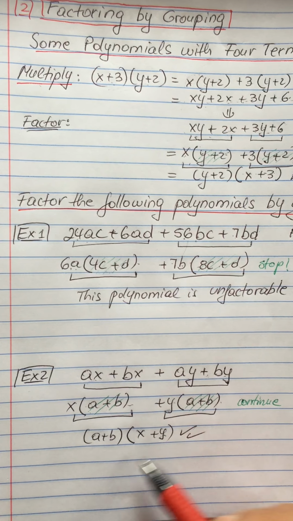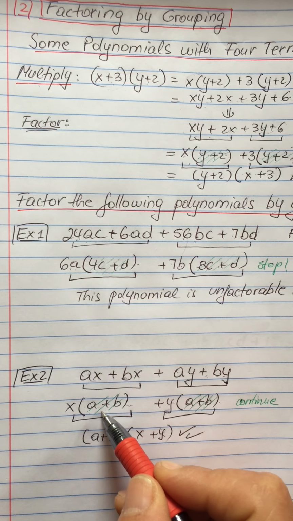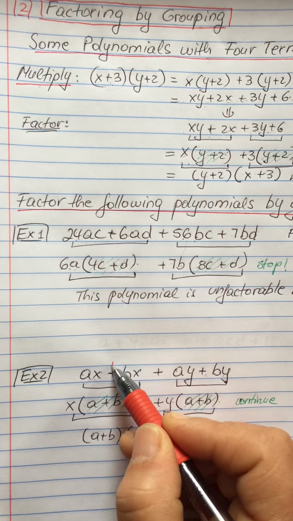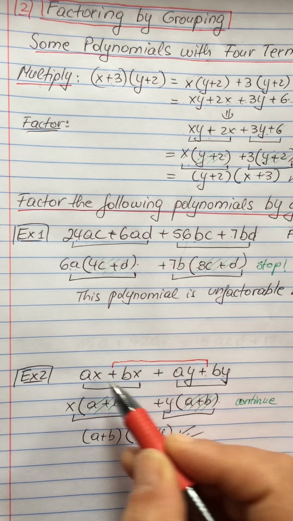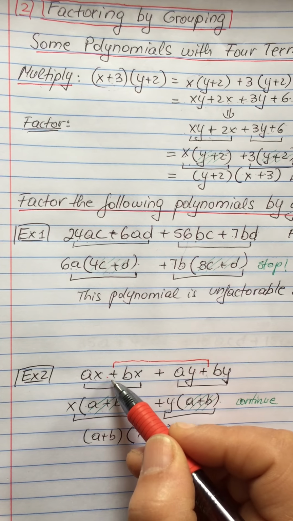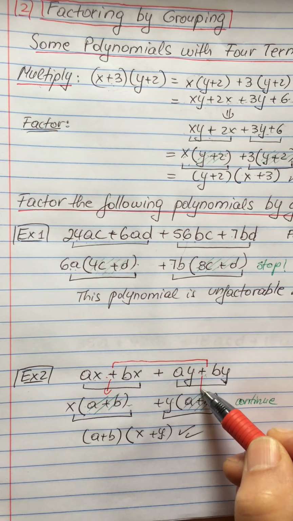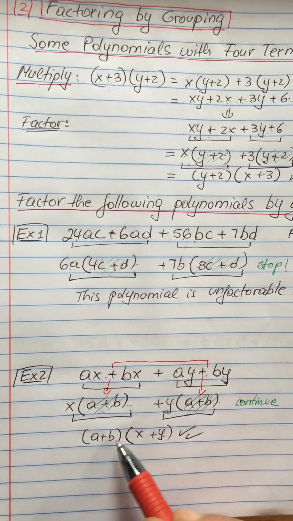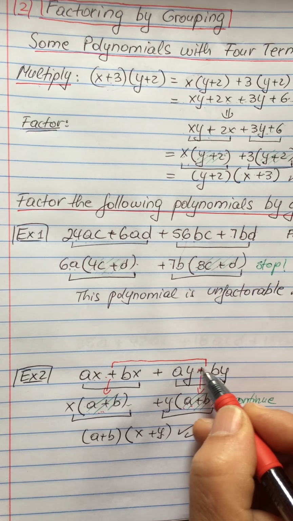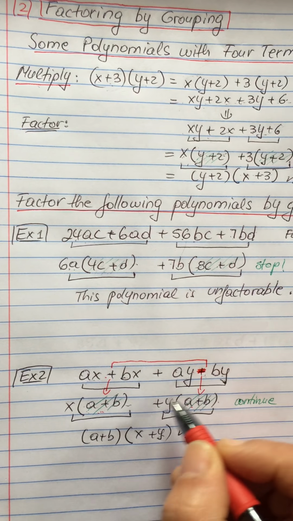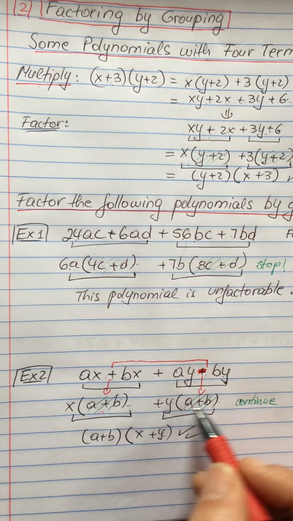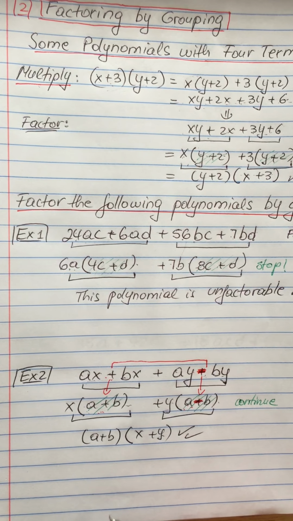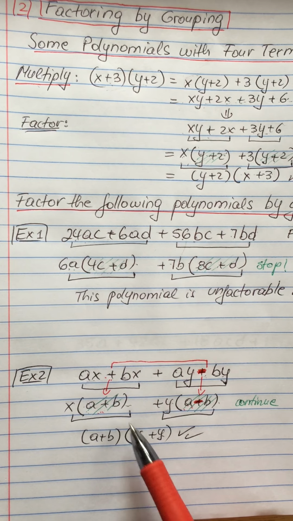Also here, example 2 was factorable. So why do we have the same binomial? This came because those two signs were exactly the same. So those two signs were the same, and we have the same sign that separates the binomial. And now, suppose that this was negative, a positive, a negative, this will result in a negative. So what does it mean?